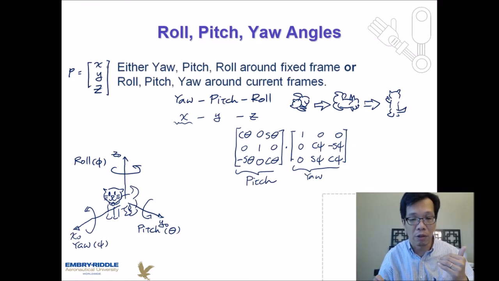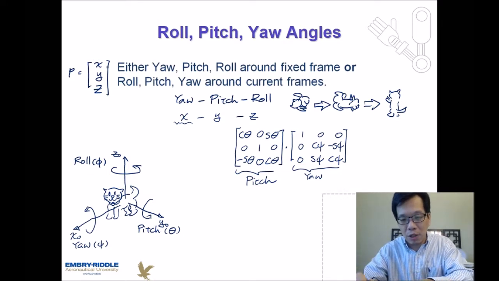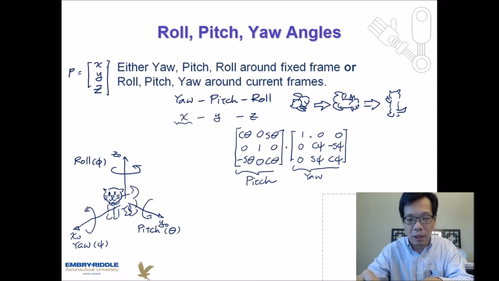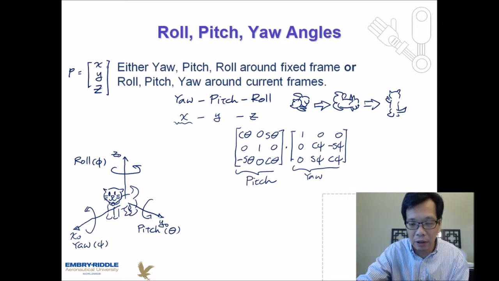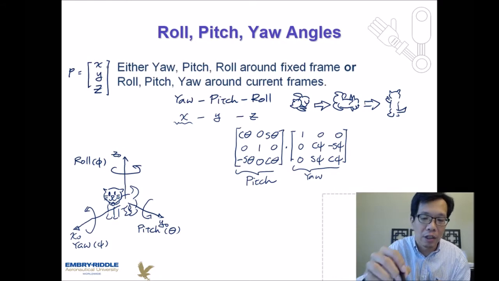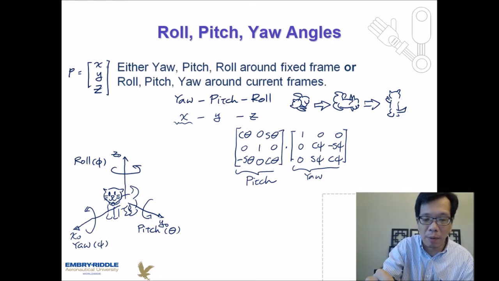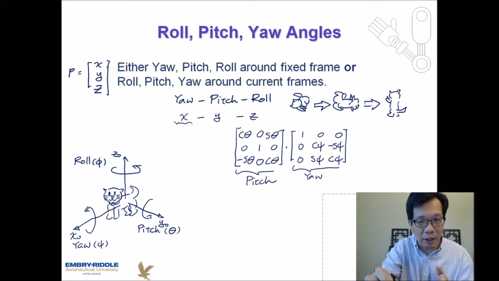The roll is going to be rotated about the z-axis. So the matrix attached to this one, again, when you multiply it with the vector over here, it becomes another vector. After you have a vector multiplied by the transformation matrix, it becomes another vector.